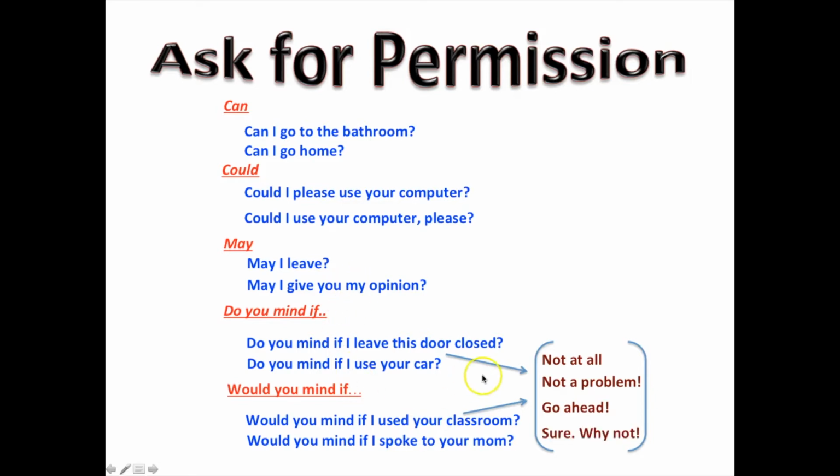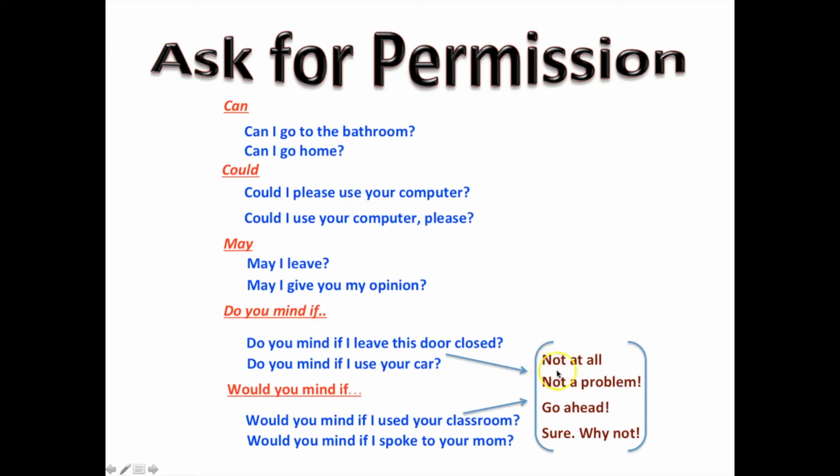Okay, so see that here we don't answer no, I don't. So what do we say? Not at all. Okay, because this verb, if you answer negative, then the answer is positive. I don't know if you understand. If you say not at all, what you mean is, okay, no problem, leave the door closed. It's not a problem.